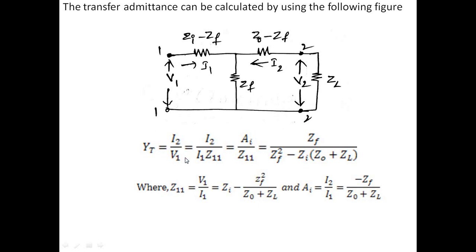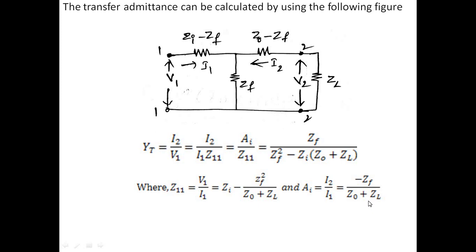This V1 can be written as I1 into Z1; instead of Z1 we write Z11. I2 by I1 is the current gain, AI, divided by Z11. If you calculate Z11, V1 by I1, you will get the formula Zi minus Zf squared by Z0 plus Zl, and the current gain AI equal to I2 divided by I1 is equal to minus Zf by Z0 plus Zl.